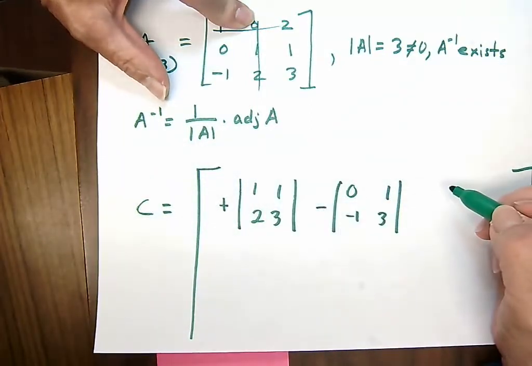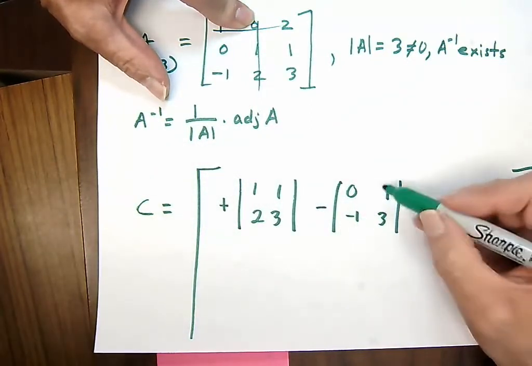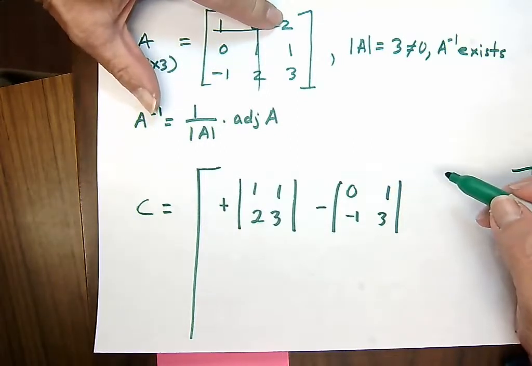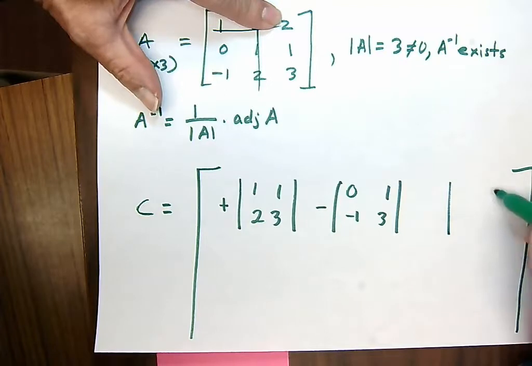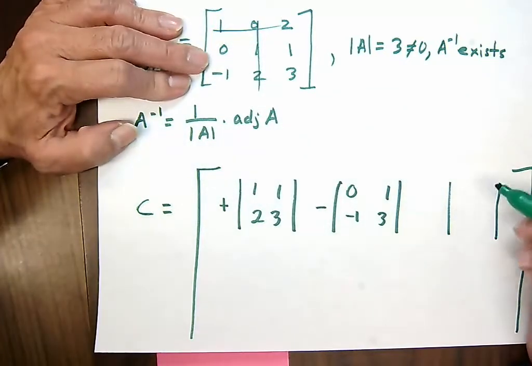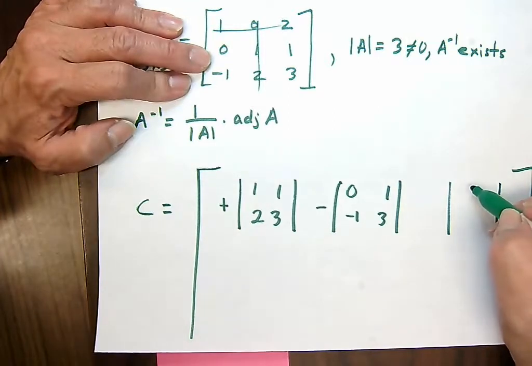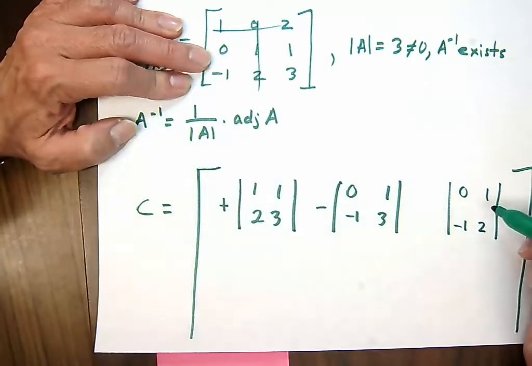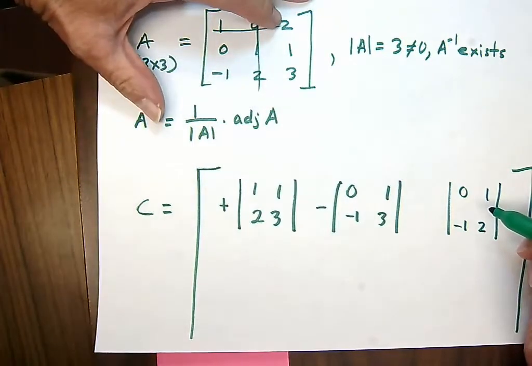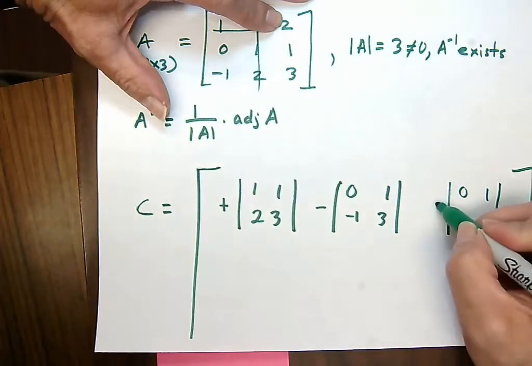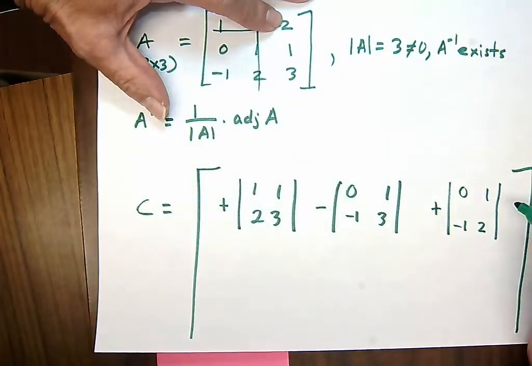So we attach a negative sign to that minor, and we get the cofactor of element A12. Finally, the cofactor of element A13 is the minor of element A13, which is the subdeterminant containing the elements 0, 1, -1, and 2. And since we're looking at the cofactor of element A13, 1 plus 3 is 4, which is even, so we attach a positive sign to that minor.